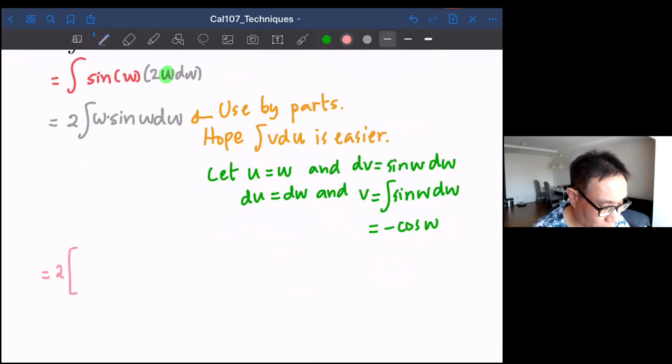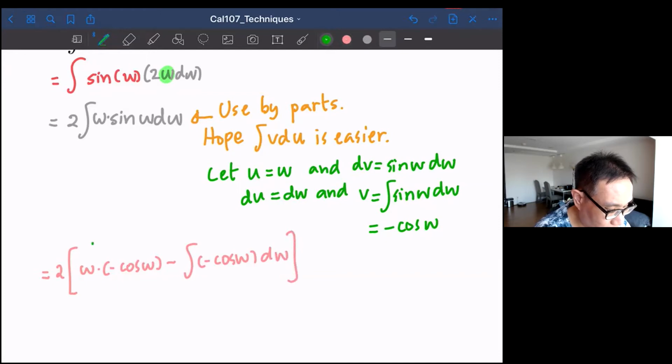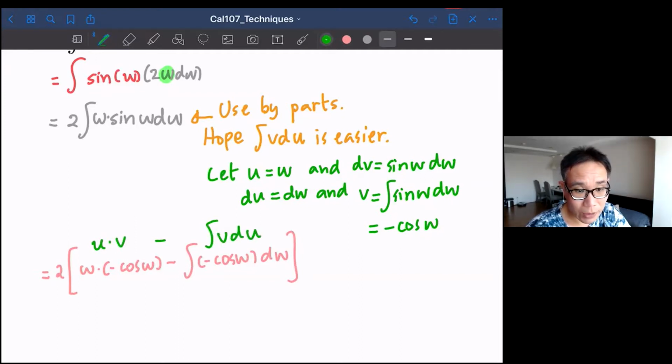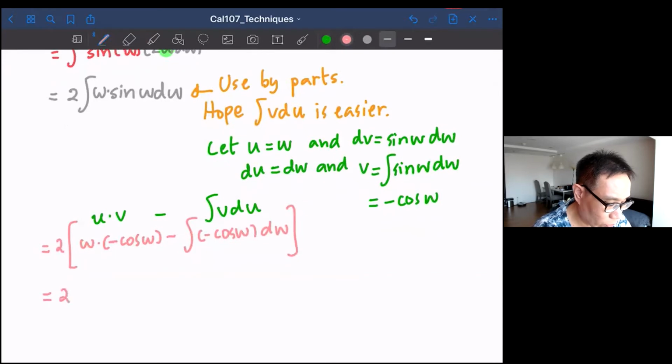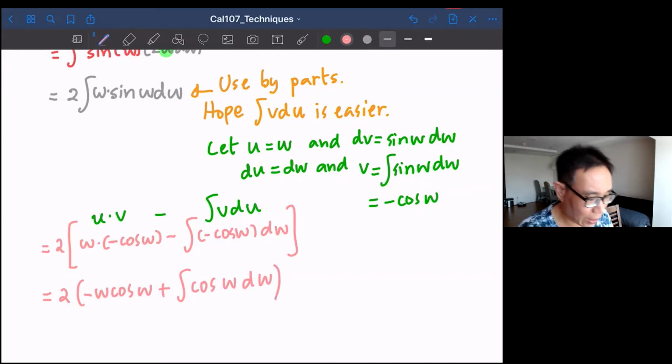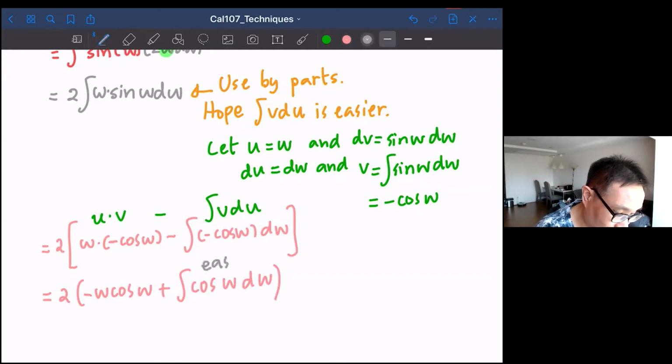It's going to be 2 times uv minus the integral of v du. So w times negative cos w, minus the integral of negative cos w times du, which is dw. You get 2 times negative w cos w, plus the integral of cos w dw, and as we hoped, this turned out to be easier.